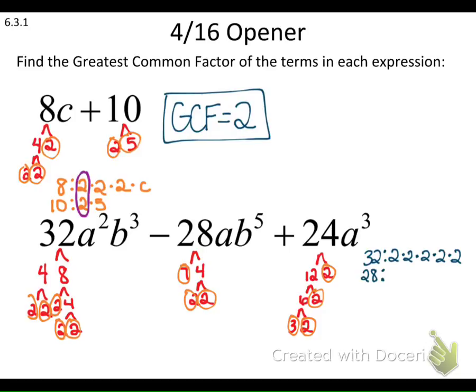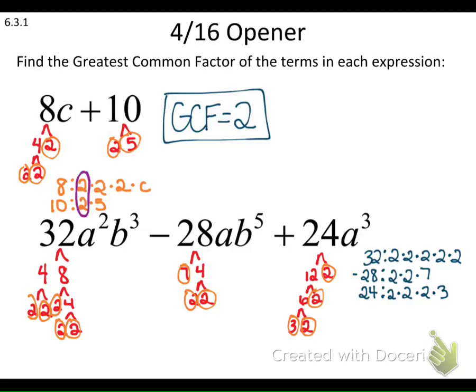I thought negative. Yes. Very good. Good catch. That's awesome. All right, so I have 2 times 2 times 7. And then for 24, I have 2 times 2 times 2 times 3.